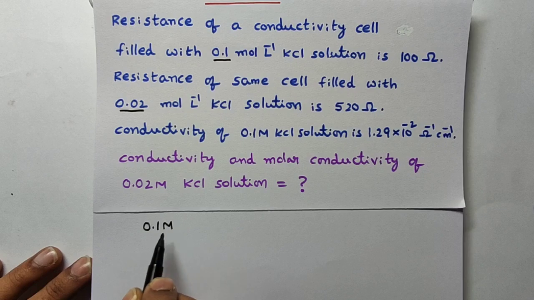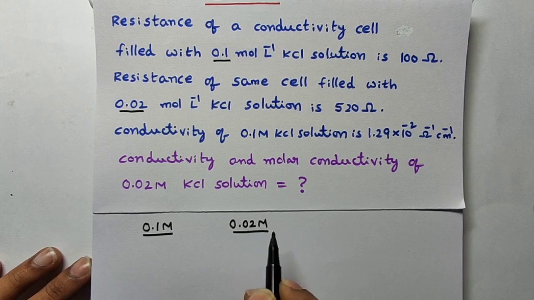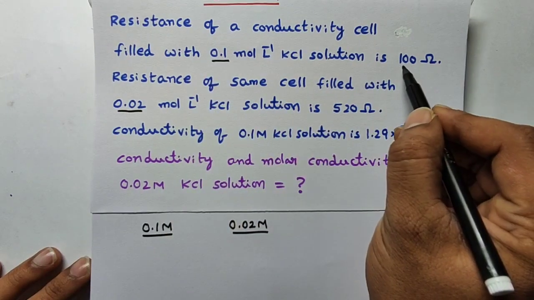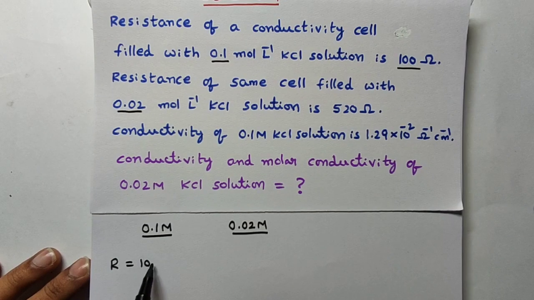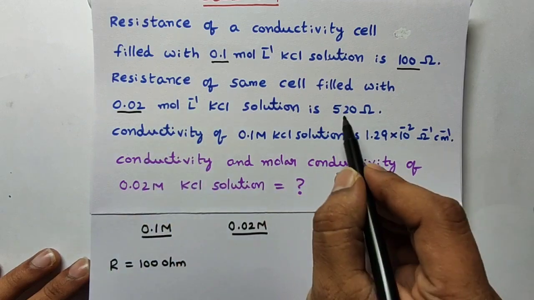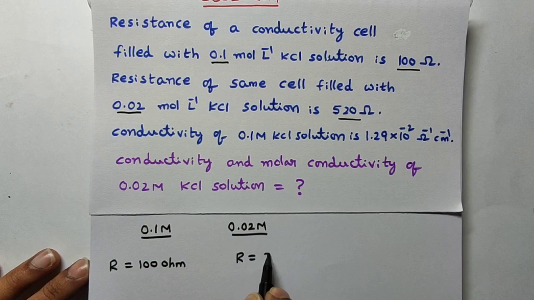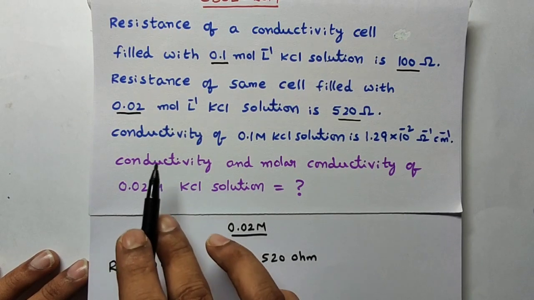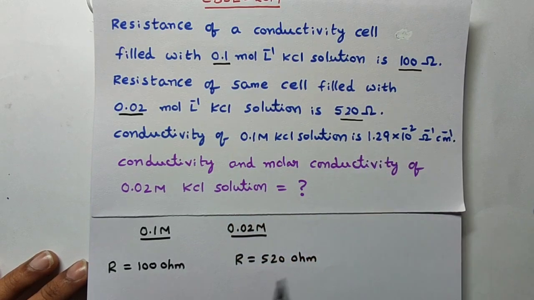For 0.1 molar concentration, what is the resistance given? 100 ohm. For 0.02, they gave 520 ohm.